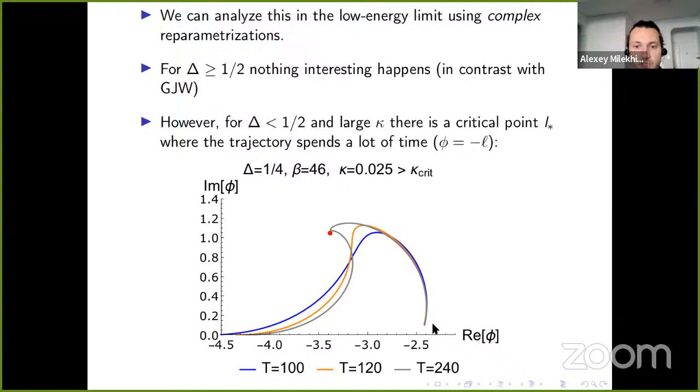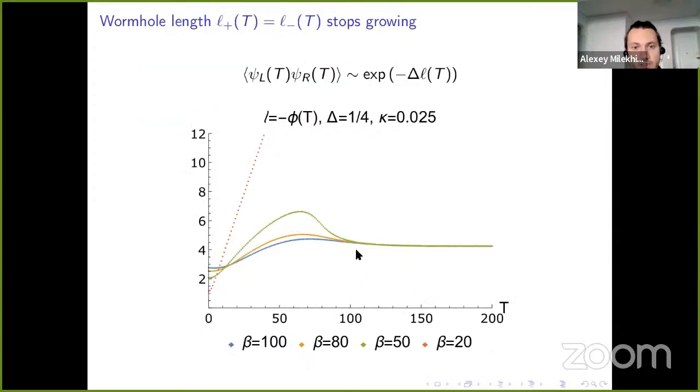This part of the trajectory between the initial state and this red point depends on the initial temperature, but this part of the trajectory between the red point and the real axis doesn't depend on the initial state. So in the steady state, this left-right correlator has a constant value.